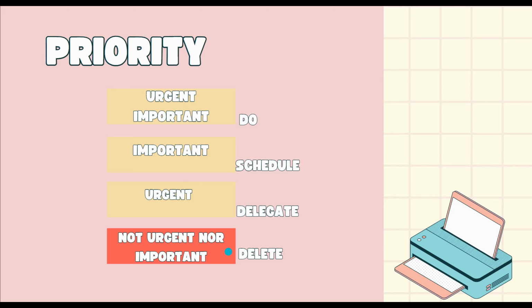Maybe some unnecessary gossip, or even something that has passed the deadline and you're feeling overwhelmed about it, you just skip it, because if the deadline is passed, you can just let it go.